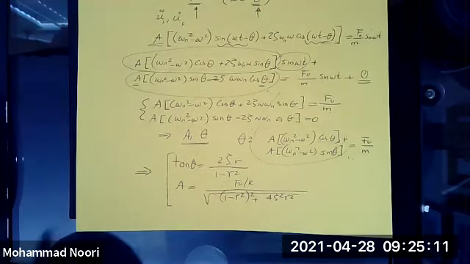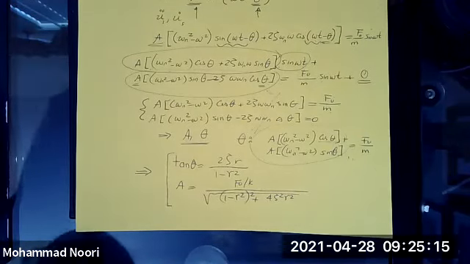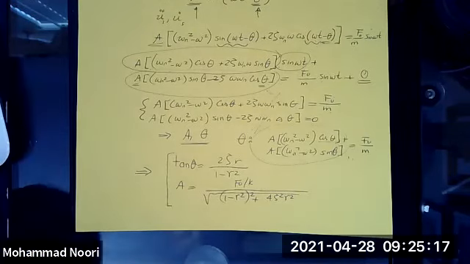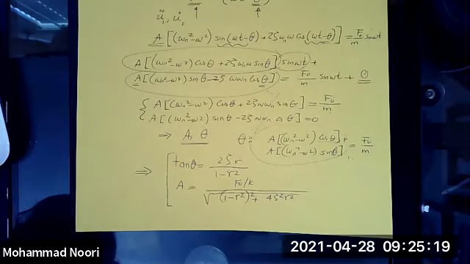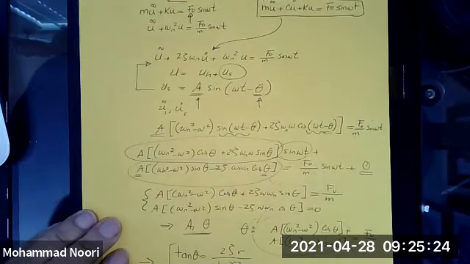Okay, so these are the two unknowns that you will be able to find. What's the importance? What is the big deal about this? Let's look at the amplitude and of course the phase angle.